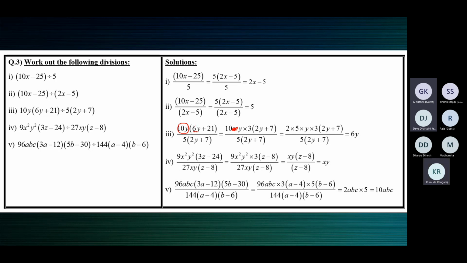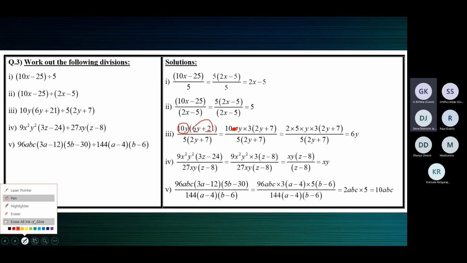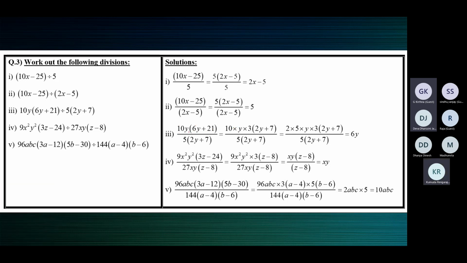And between the terms 6y and 21, 3 is the HCF, because for 6 and 21, 3 is the HCF. So write this 10y as it is. You don't have to put the multiplication sign. You can just write 10y.